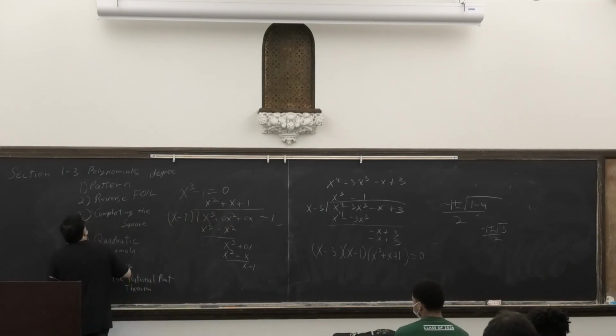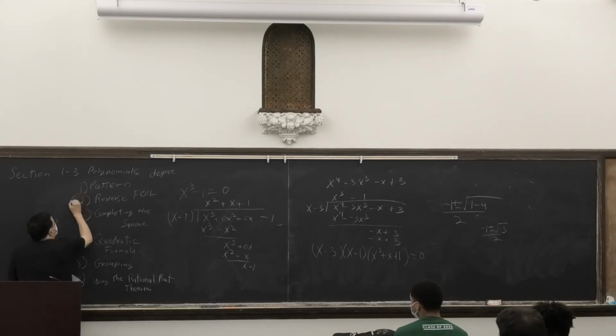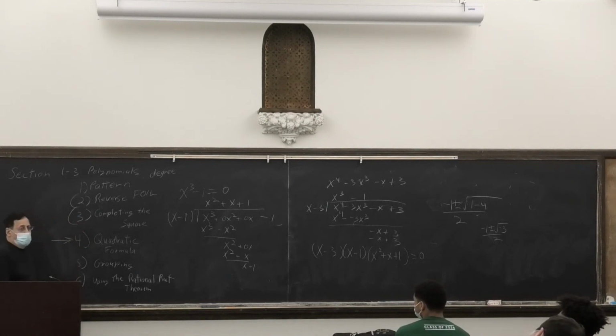You can skip reverse FOIL and completing the square by just always going to the quadratic formula when you have a trinomial. If you have more than a trinomial, you can try grouping and try the rational root theorem.